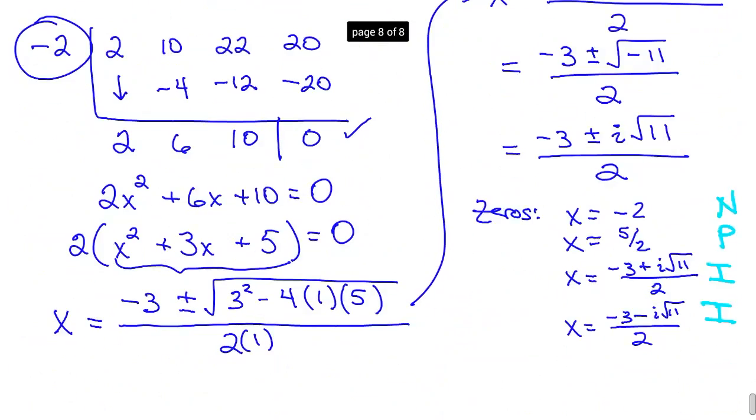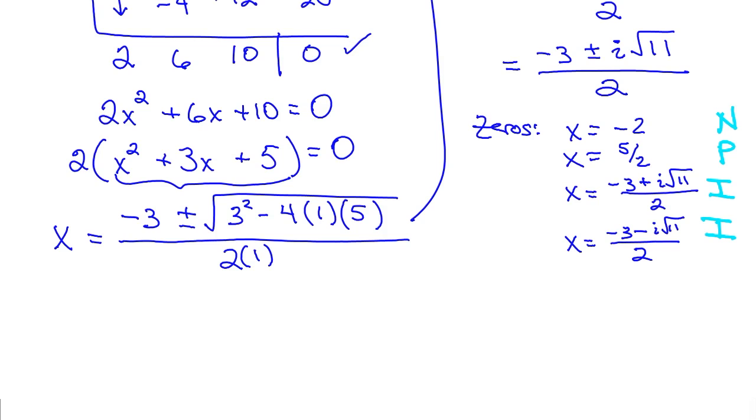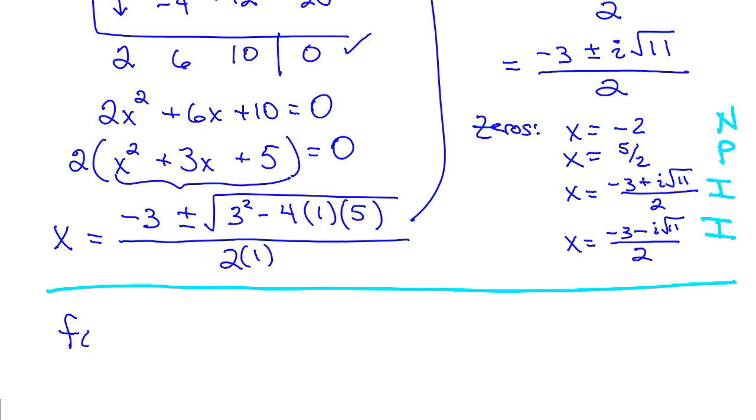The final step in this problem is to write f in factored form. So we will do that as follows. Now, this one is a little more tricky. We're going to have from the first root x plus 2, then x minus 5/2, and then what do we do with these parts?